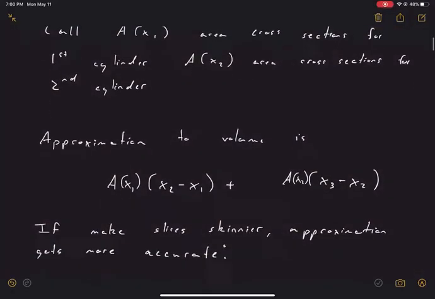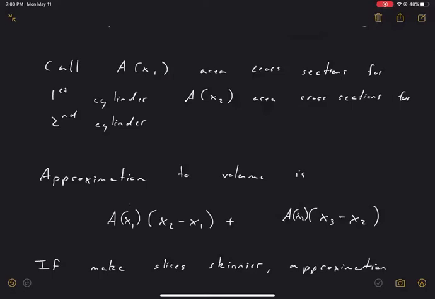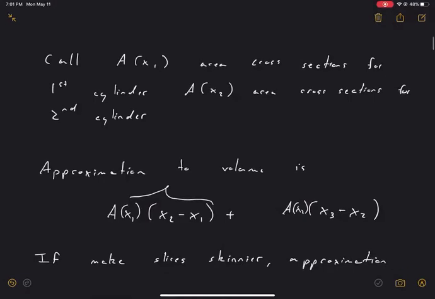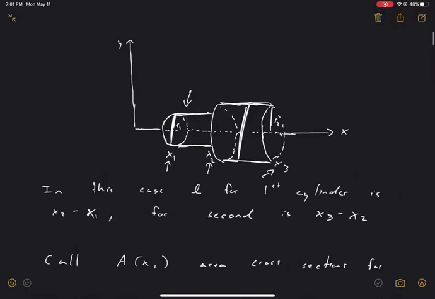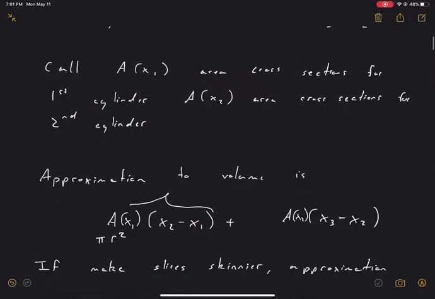So the volume for the first cylinder would be AX1 times x2 minus x1. Breaking this down, what is this AX1? It's pi r squared, where r is the radius of this first cylinder. And x2 minus x1 is the L, the length of the first cylinder.